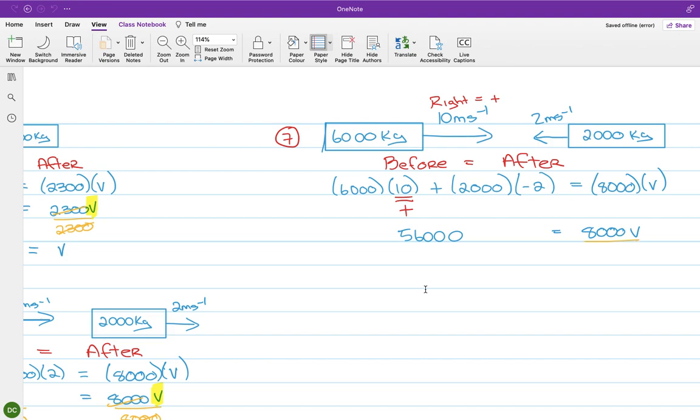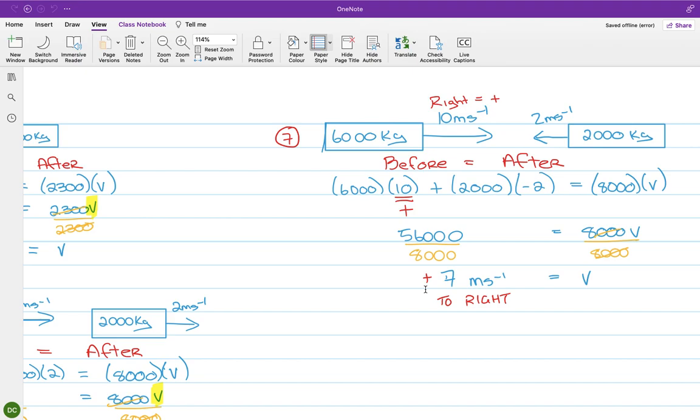We divide by 8,000 to isolate the V. So that gives us 7 meters per second for V. And the fact that 7 is positive means it's moving in the same direction as the 10, so it's to the right again.